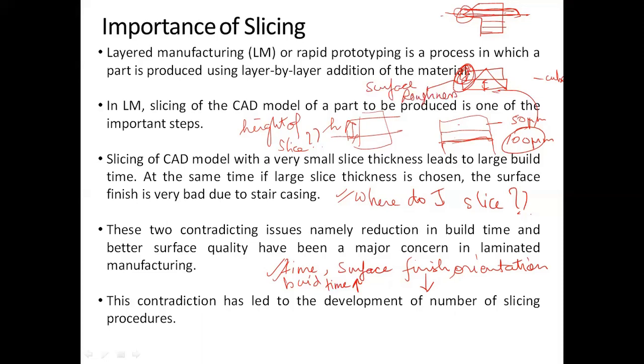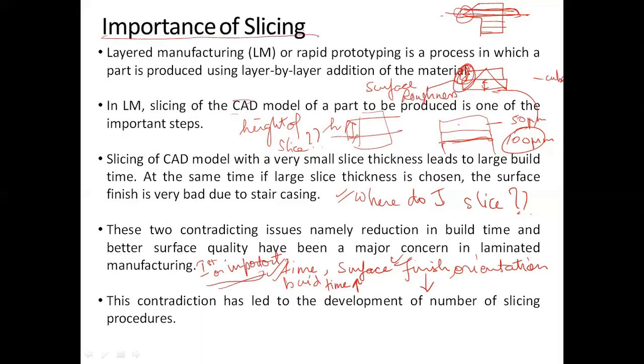Now, the problem that you will basically encounter is which of the two criteria you are going to keep as your first or the important criteria. That basically is dependent upon the importance of the slicing process.